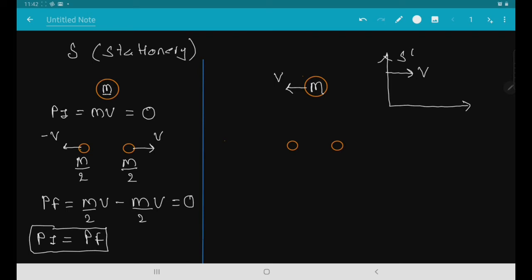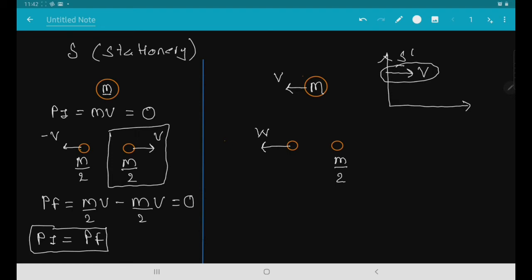And when the explosion happens, this mass which was moving towards the right, and the frame is also moving towards the right, will appear to be stationary. Whereas this mass will move with, let us say, velocity w.